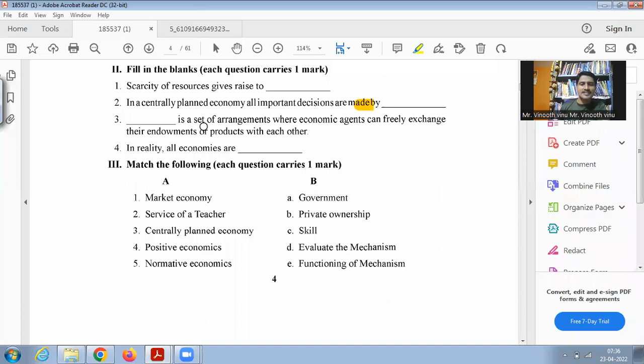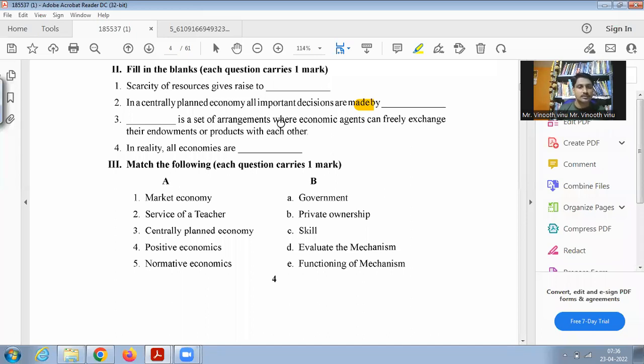Here, dash is a set of arrangements where economic agents can freely exchange their endowments or products with each other. How do we attend this? Dash is a set of arrangements where economic agents can freely exchange their endowments or products with each other.